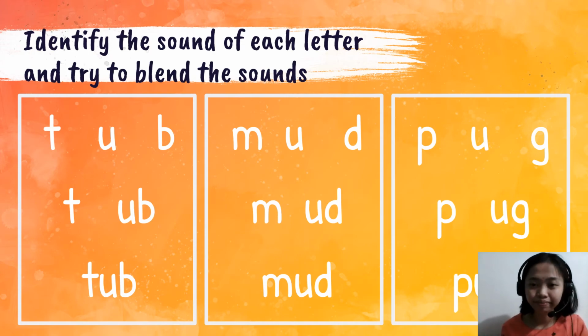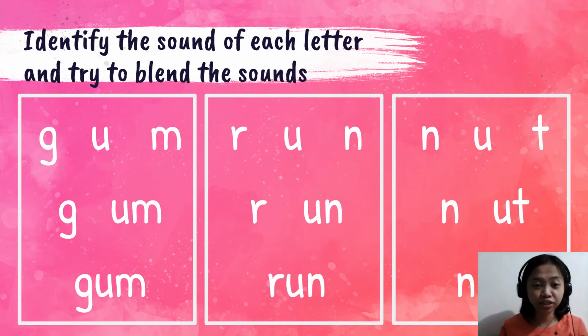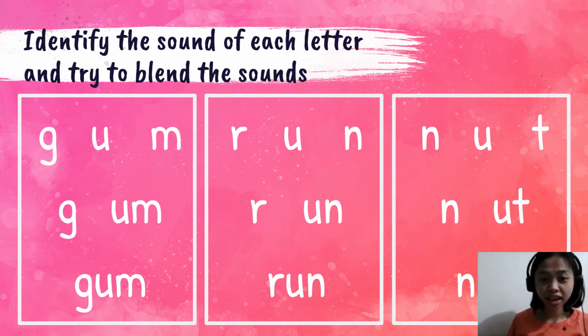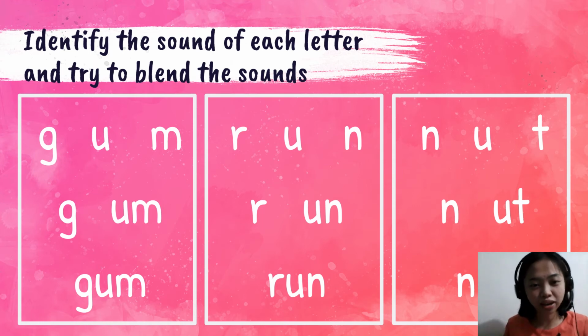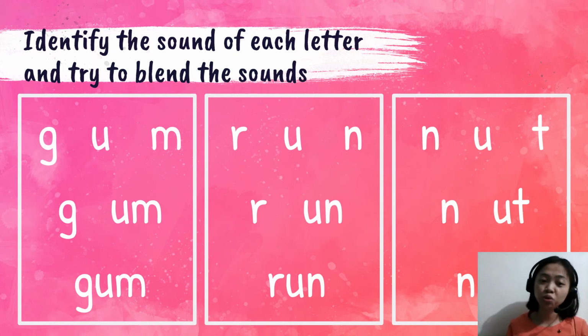Great job. What are the letters that you see on the first box? It's G, U, and M. Now, what are the sounds of these letters? G, U, and M. Put together the U and M sound, it will become um. Say G plus um equals, what's that?